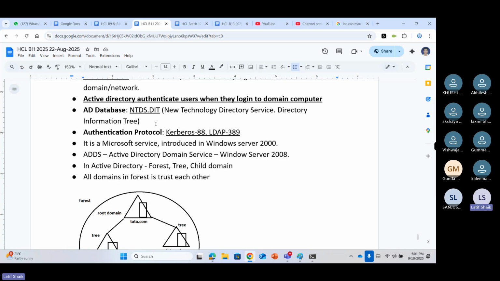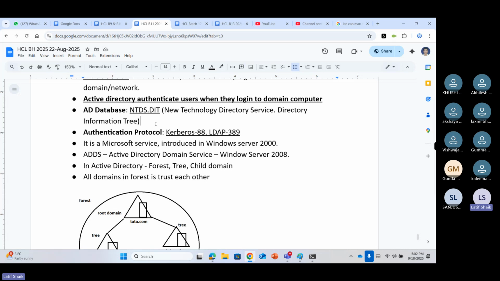This Active Directory services was introduced in Windows Server 2000. It is also there in 2003. After 2003, the 2008 servers came.